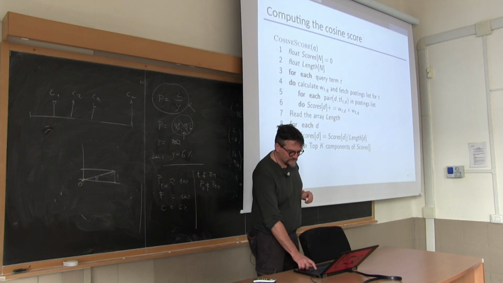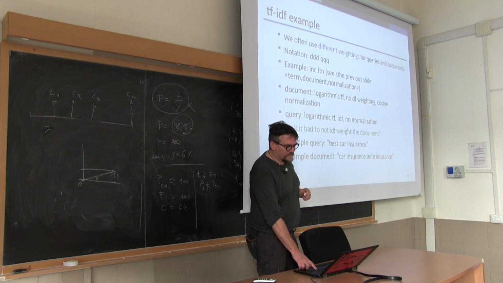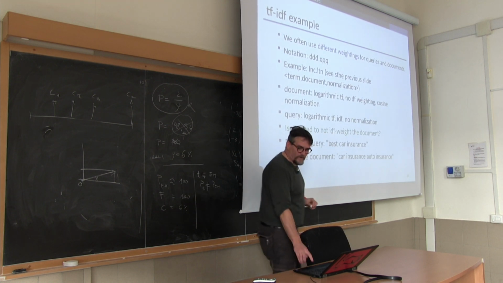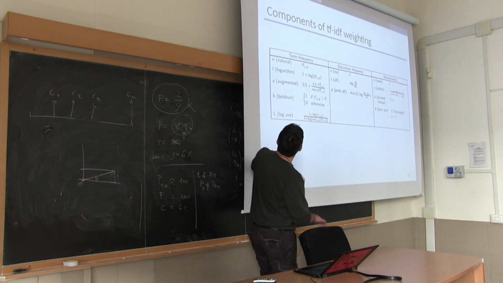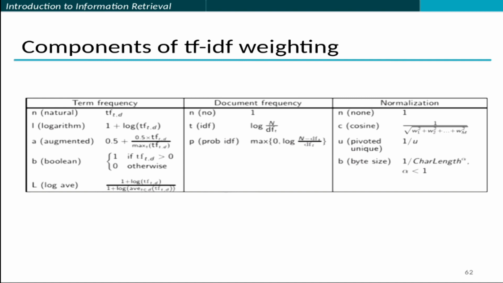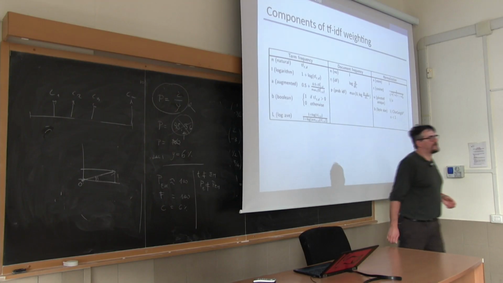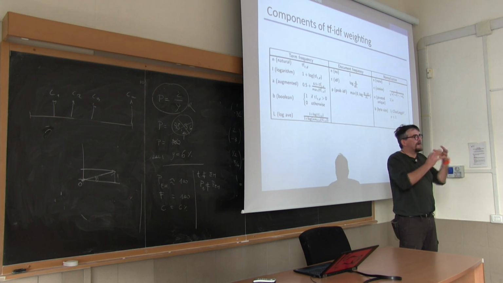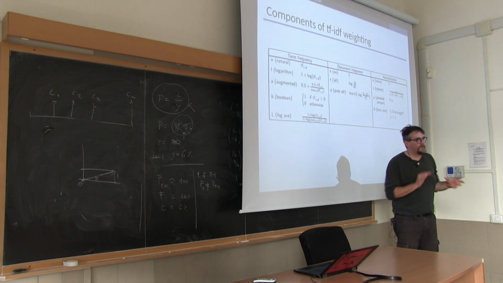While for the query, we have LTN, where LTN stands for logarithmic, IDF, none. So we are not normalizing the query in this particular case. So you can combine all the possibilities between query and document.